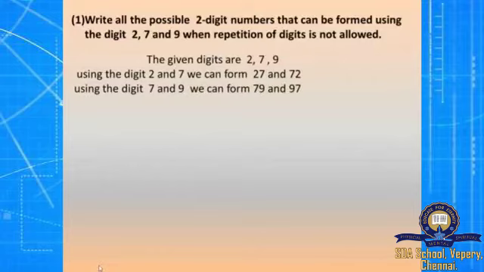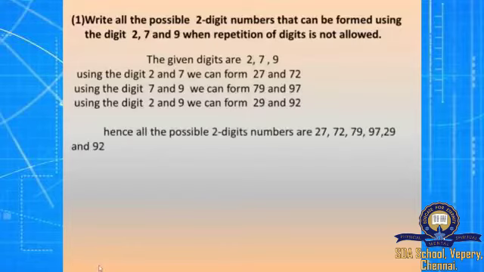Using the digits 7 and 9, we can form 79 and by reversing, we can form 97. Using the digits 2 and 9, we can form 29 and reversing it, we can form 92. Hence, all the possible two-digit numbers are 27, 72, 79, 97, 29 and 92.